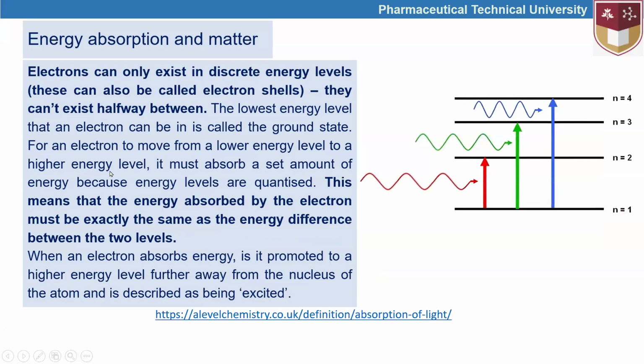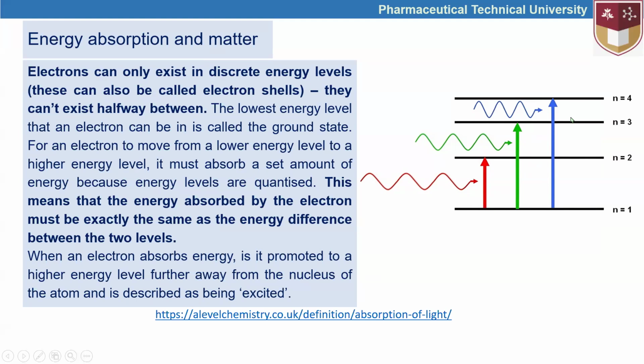Okay, next. This is about atomic absorption and matter. Electrons can only exist in discrete energy levels. This can also be called electron shells. They can't exist halfway between. Here we can see this is the ground state, and these are the stages where electrons can jump.